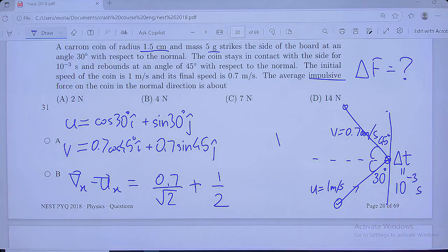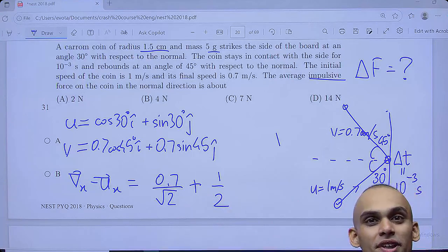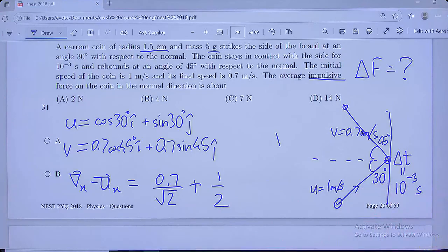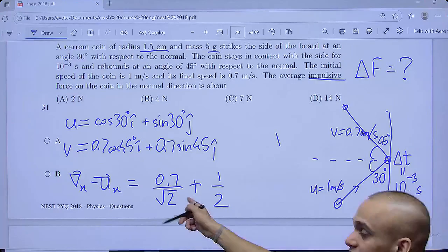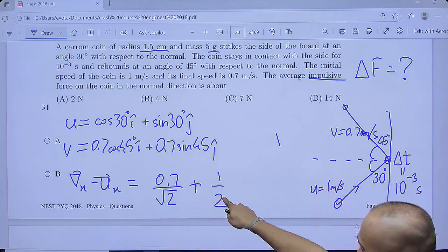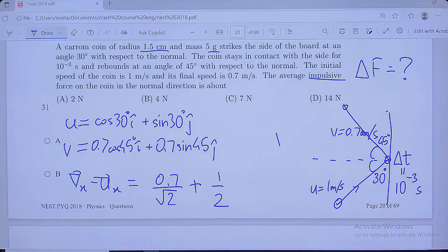And if we simply divide it by delta t, we will get the value of force very, very quickly. 0.7 upon root 2 is 0.49, which is a little greater than 0.4. So this value will be a little bit greater than 1.